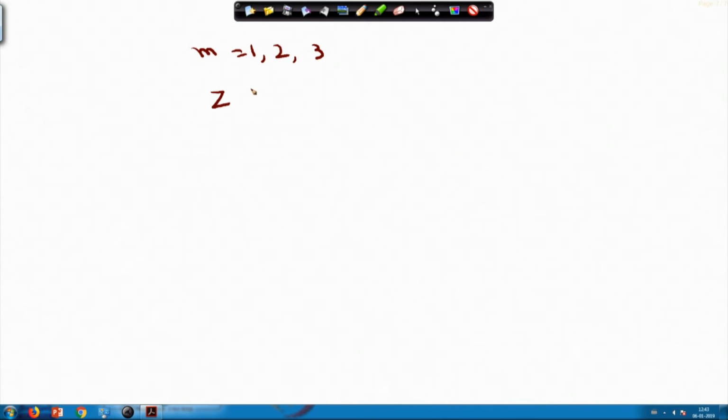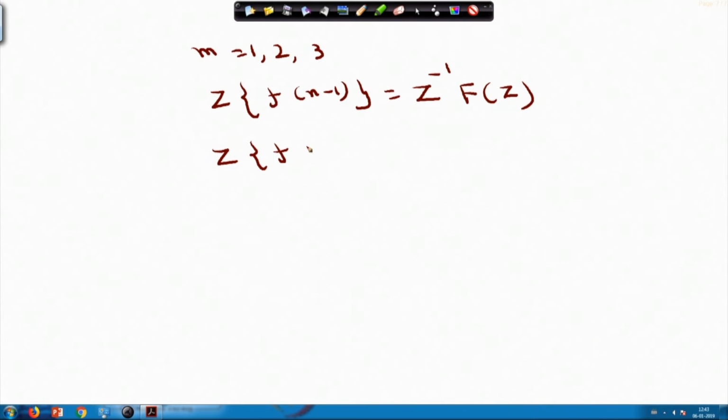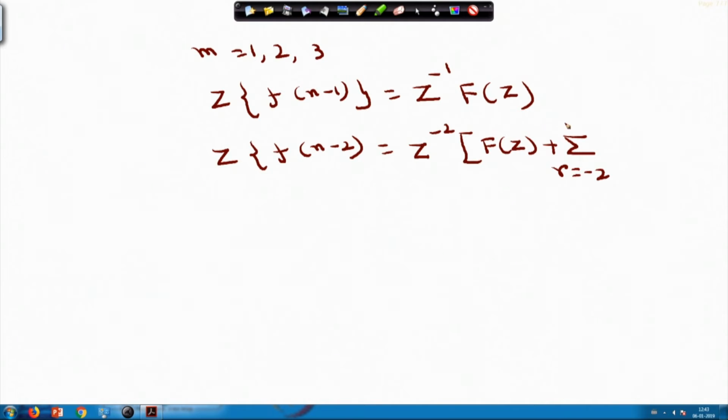For particular cases, if I take m equals 1, 2 and 3, then from here I can write down z transform of f of n minus 1. This is equal to z to the power minus 1 capital F of z. Similarly, z transform of f of n minus 2 will be equal to z to the power minus 2 into F of z plus summation r equals minus 2 to minus 1 f of r into z to the power minus r.